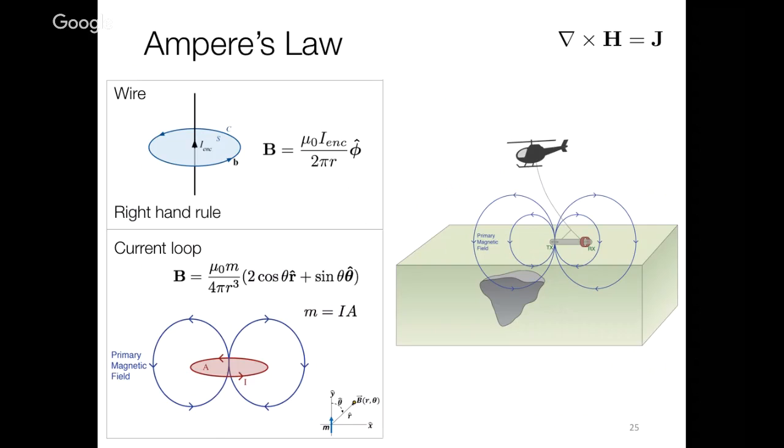So the bigger the area of the loop, the stronger the current, the bigger the magnetic moment is. Just think of it as a bigger magnet. So that's the relationship between magnetic moment and currents. And remember, this is the same formula that you saw earlier on.